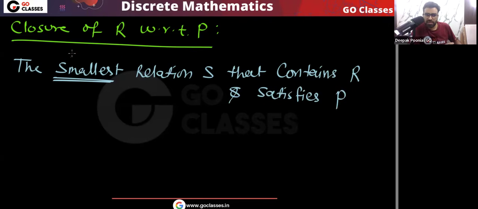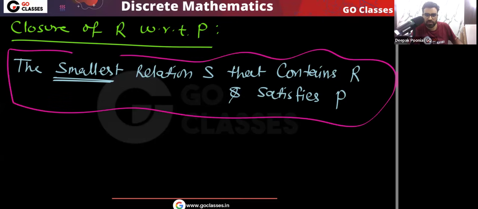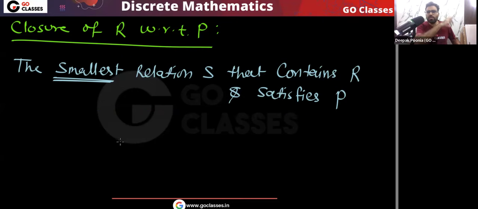To be honest, this definition has a problem. What is the problem here? Do you remember the example where the property was having an odd number of elements?